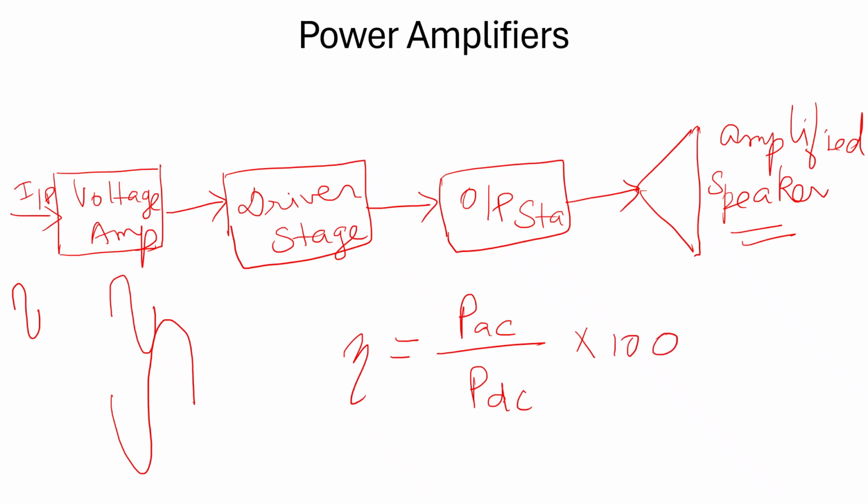When this kind of performance is done, there are possibilities of distortion. The change in the output wave shape from the input wave shape of an amplifier is known as distortion. So these power amplifiers are classified into different categories based on how they are amplified, based on the strength of the signal and based on the phase shifts.